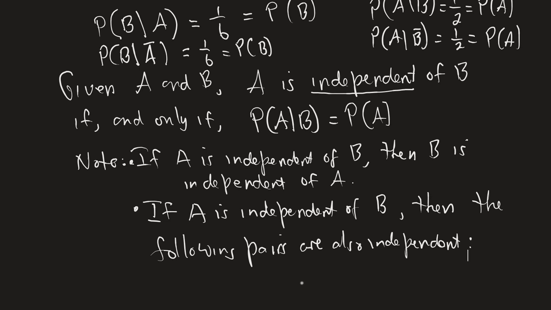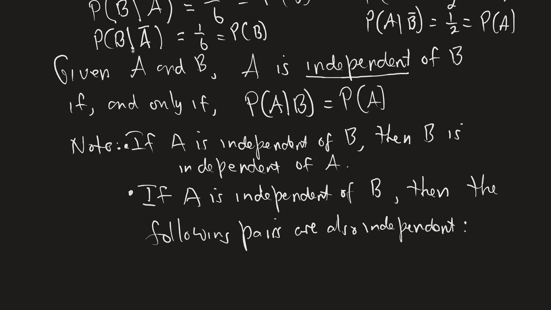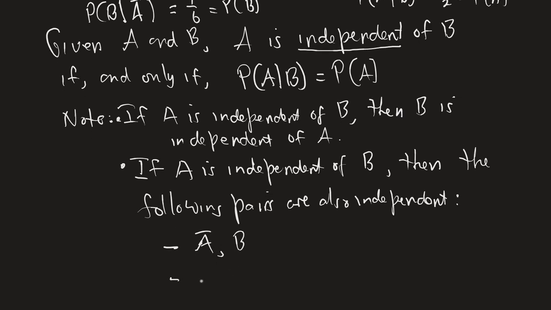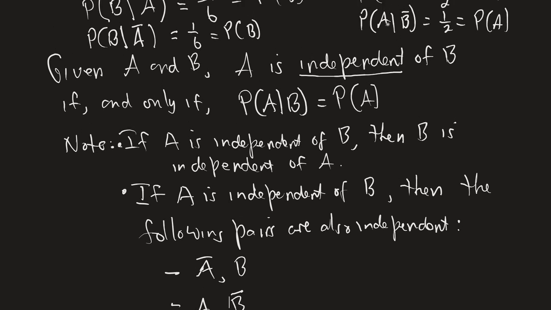So obviously A and B are independent, but what this shows is that A complement and B are also independent, right? A complement and B, and then A and B complement. That's what this shows over here. Again, I should say these are illustrating these ideas. These are not considered formal proofs.